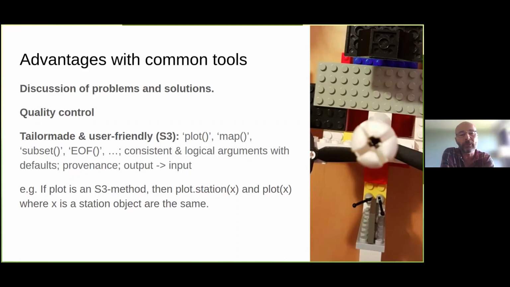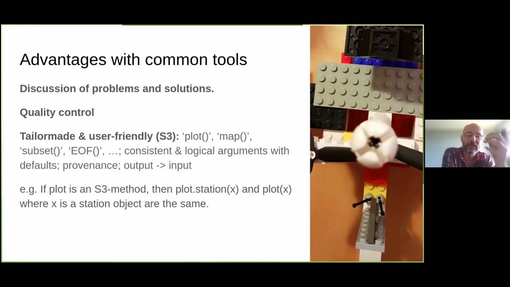So when you write plot, it will decide what the plot looks like depending on what type of object you have. The same with map, or subset, or EOF. So you don't have to remember what type of object you're dealing with, because these functions are generic, so they will be able to cope with the various types of objects.